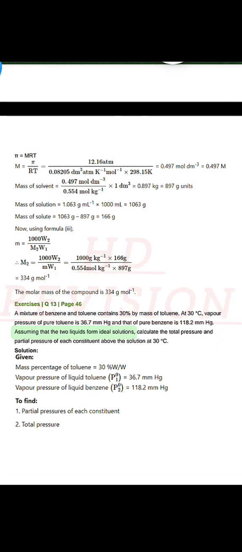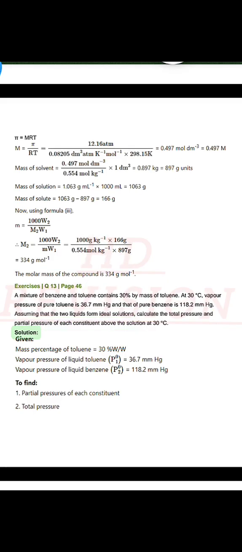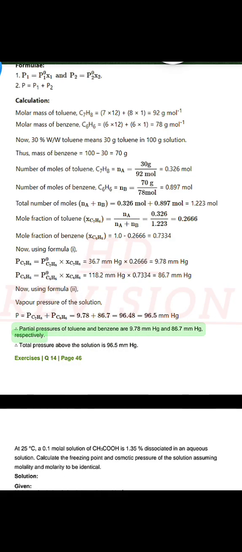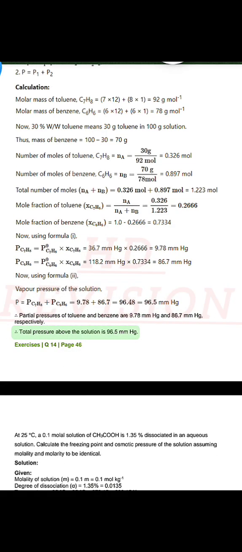Assuming that the two liquids form ideal solutions, calculate the total pressure and partial pressure of each constituent above the solution at 30 degrees Celsius. Solution. Partial pressures of toluene and benzene are 9.78 mm Hg and 86.7 mm Hg, respectively. Total pressure above the solution is 96.5 mm Hg.